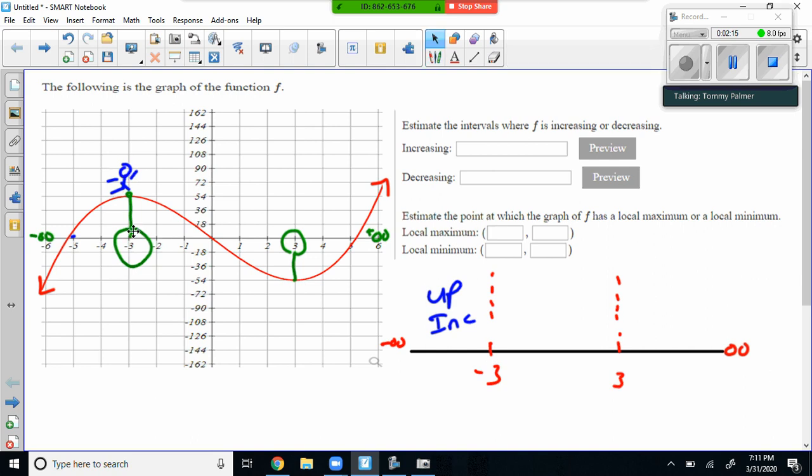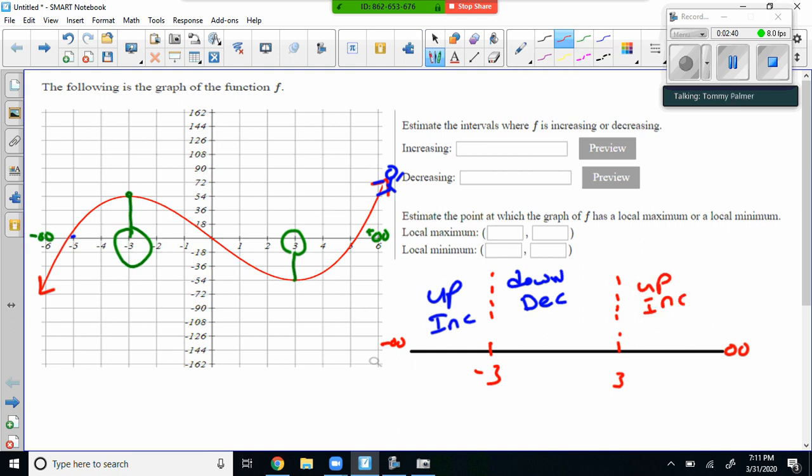Now, from -3 to 3, he's going to be walking down, right? And then from 3 on to infinity, he'll be walking up, which is increasing.